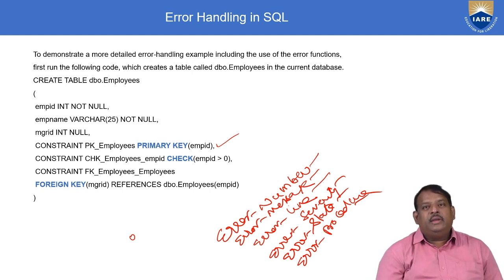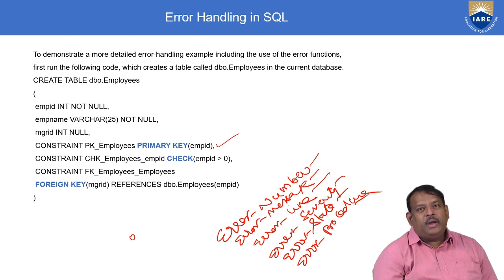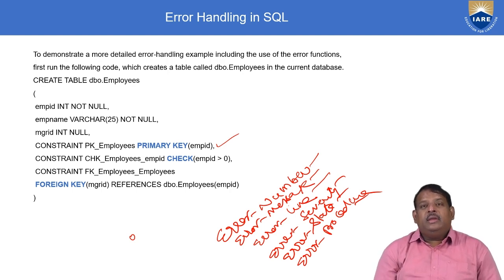See carefully, here I'm creating the employees table having three columns: EMPID, EMPNAME and manager ID. Then I'm creating three constraints. One is the primary key on EMPID, which means I cannot have duplicates for the EMPID and it will uniquely identify the record. Then a condition that EMPID should be greater than 0.